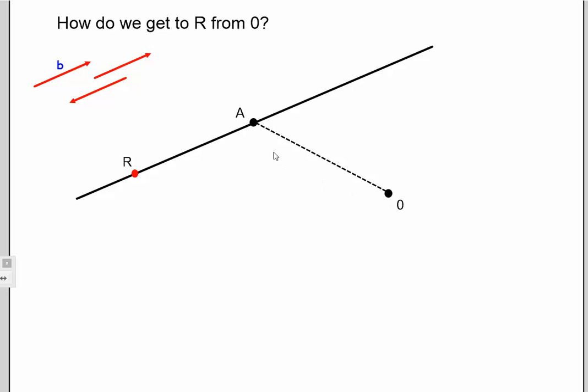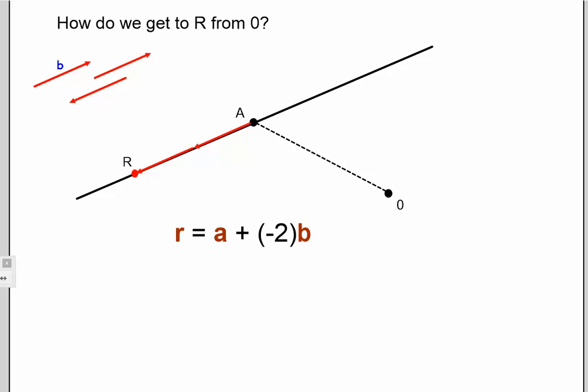We go from O to A, which is a position on the line, and then we take backward steps of vector B, so 1, 2, to go to position R. So the vector from O to R, which is a position somewhere along the line, is OA plus, or rather minus, 2 of vector B, because we're going backwards. So I've written it down here. So R equals vector A plus minus 2 of vector B.